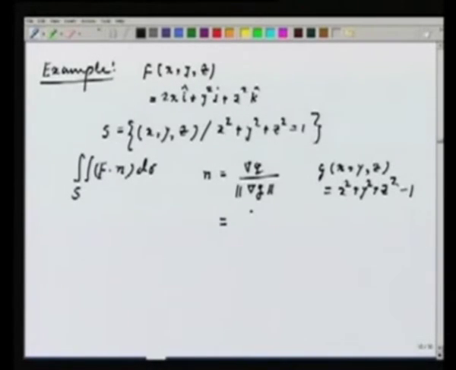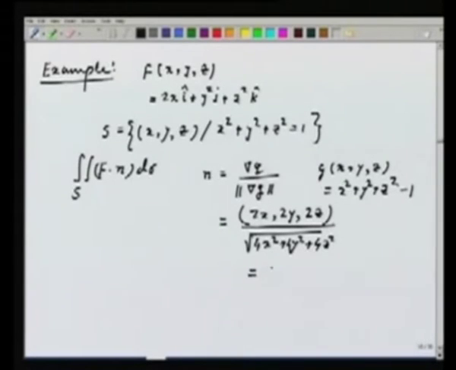What I get is then 2x, 2y, 2z over its norm, so this comes out to be just x, y, z.